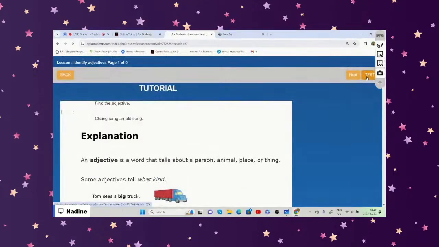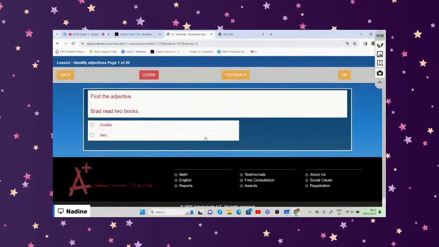All right, now we're going on to our test where we are going to identify adjectives. So we need to find the adjective.